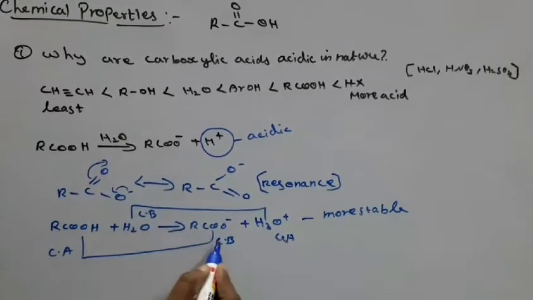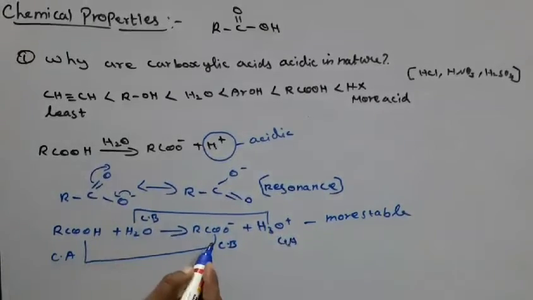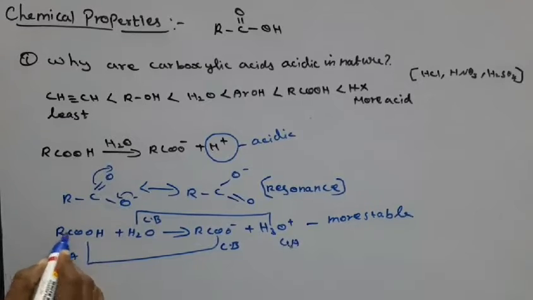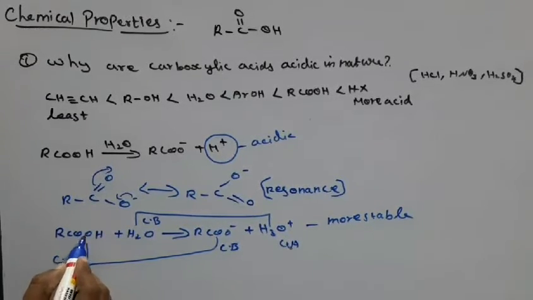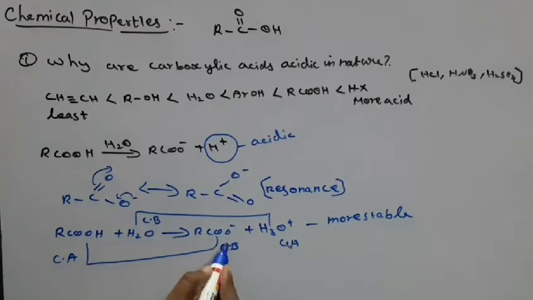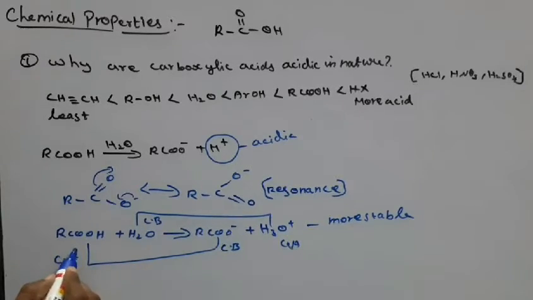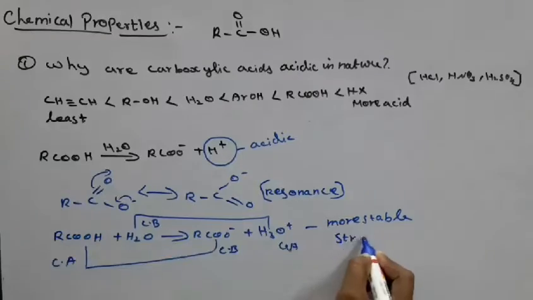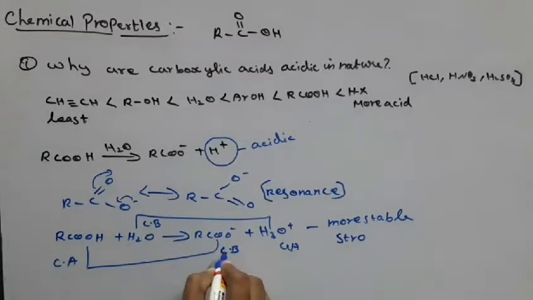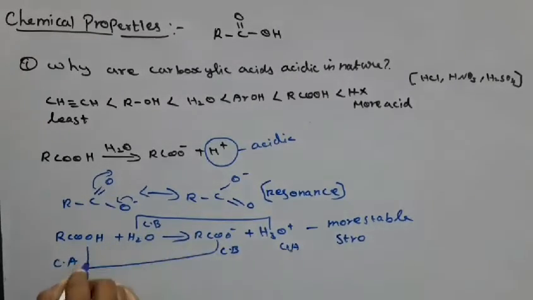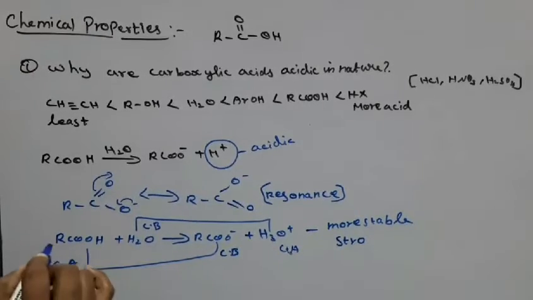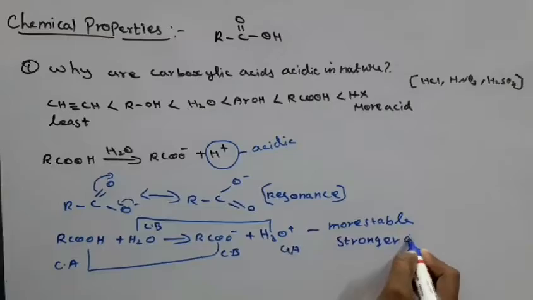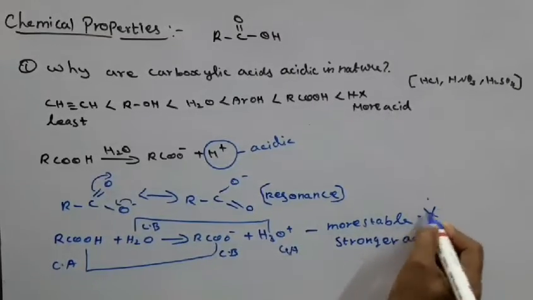Which acid produces the conjugate base, the carboxylate anion? The carboxylic acid. If the conjugate base is stable, the corresponding acid is a stronger acid. These are all key points.